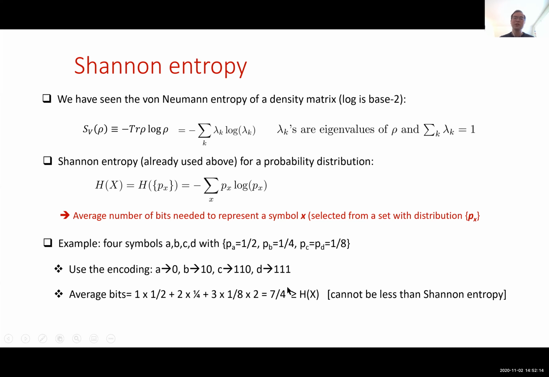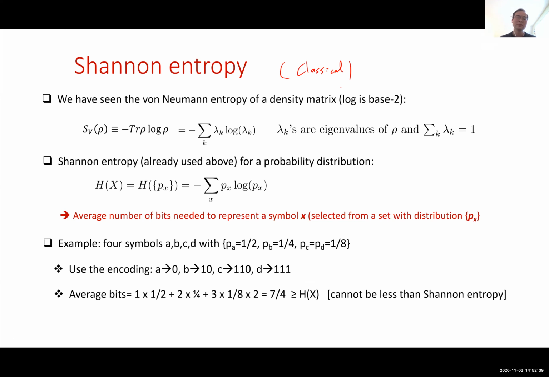In this particular case, it's the same as Shannon entropy if you calculate that. Okay, so that's the meaning of Shannon entropy, and this is one example of that kind of encoding. Is it classical bits? This is a classical bit. So Shannon entropy here is classical, nothing quantum here.